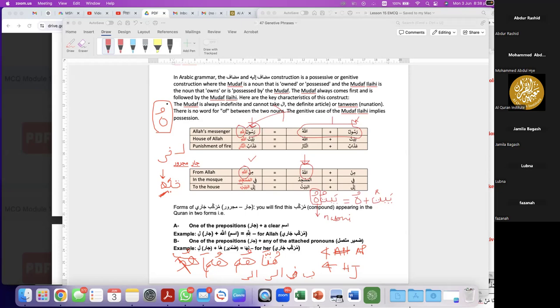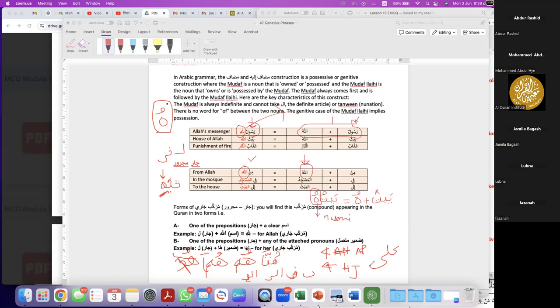It will change. And in the same way, bi. I'm just writing it very roughly. Ila, ala, this is ila; one is ala with the ayn. Yes, that's right.